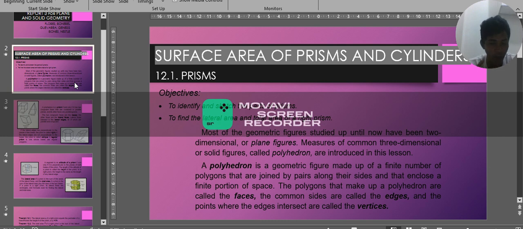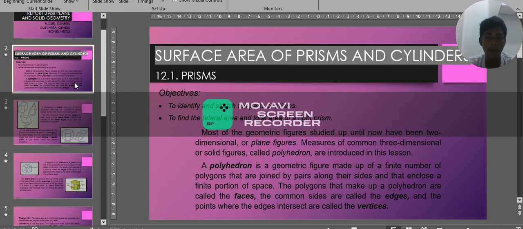With a finite number of polygons, vertices, edges, and faces, we can come up with an enclosed finite portion of space. Now we can call these solid figures or polyhedrons.